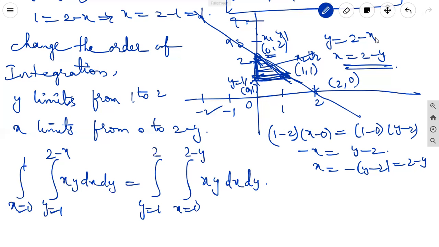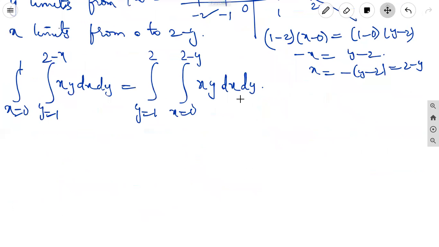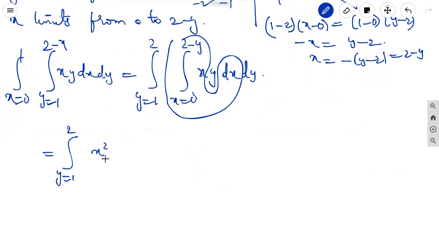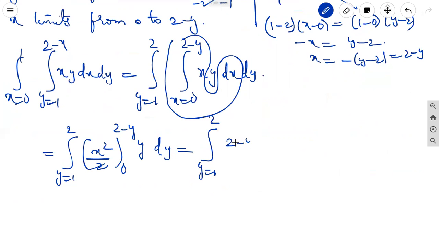Now, first we integrate with respect to x. The x integration is x square by 2, limits from 0 to 2 minus y, into y dy. It is equal to the integral y from 1 to 2 of (2 minus y) whole square by 2 minus 0 square by 2, which is 0, into y dy.